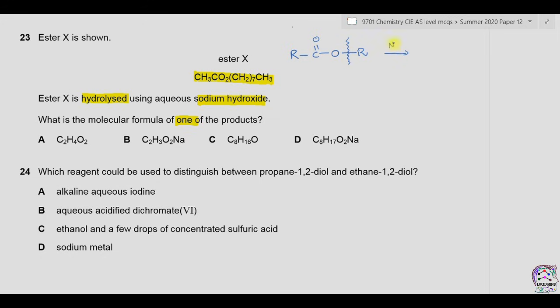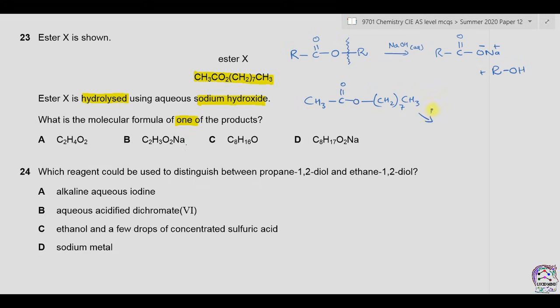If sodium hydroxide is present in aqueous form, then the product will be RC=O, ONa, and the second part will become alcohol. Now let's hydrolyze this ester X. We have CH3, C=O, CH2, 7, CH3.